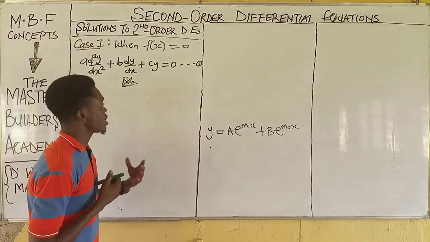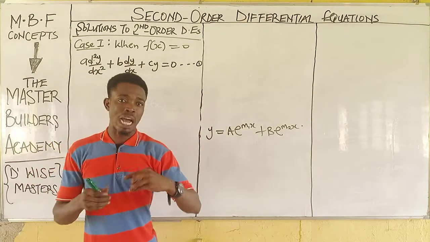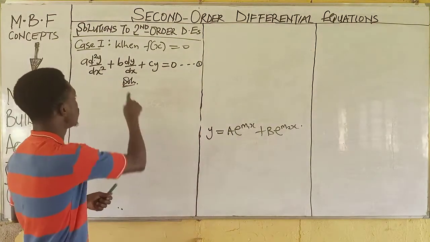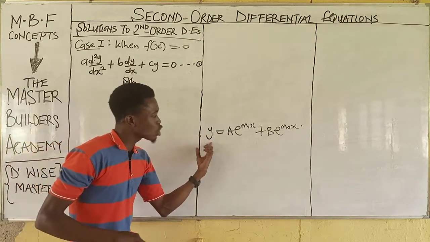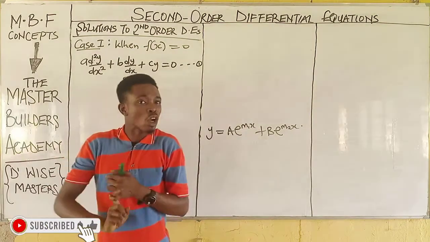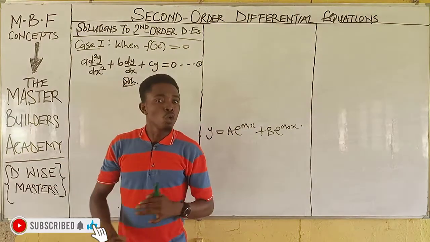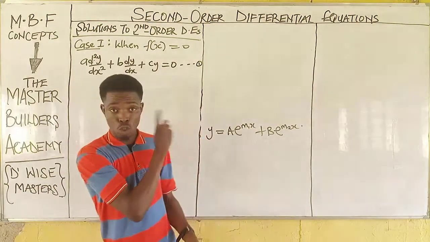So now our interest is to ensure that the final result is a function of x and y. We will successfully remove the d square y over dx squared and the derivatives. For us to get the solution that we have here, we need to integrate, and understand that you do not integrate for second order differential equation. You only integrate for first order differential equation. Please take note of this.